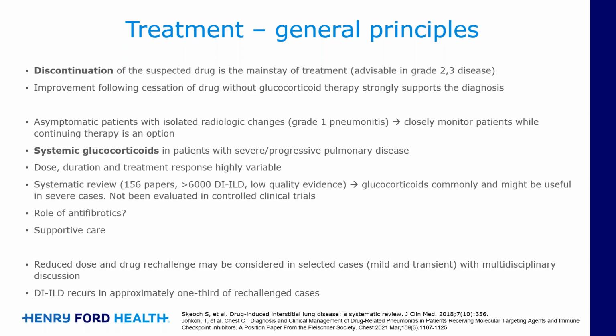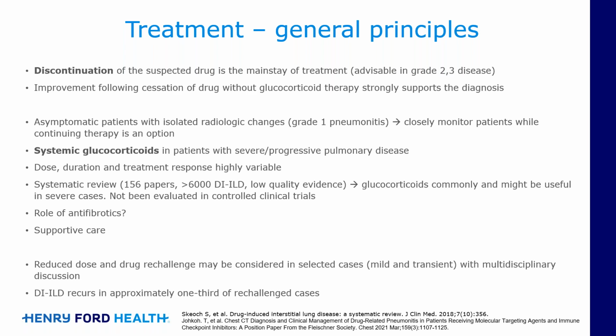So as I mentioned, in patients who are asymptomatic and just have isolated radiological changes, just closely monitoring while continuing drugs may also be an option. Steroids are used in patients typically when they have severe and progressive lung disease, but the duration, the dose, and the response to steroids can be very highly variable.